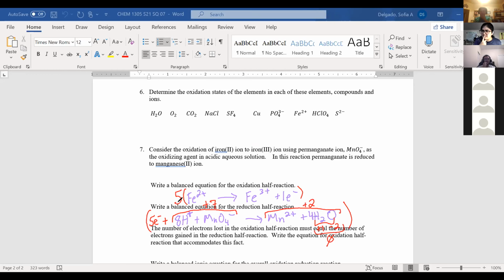Right? And then you just distribute this out into the equation. So then you end up with 5 Fe2+ yields 5 Fe3+ plus 5 electrons. And then now this would be your final half reactions.